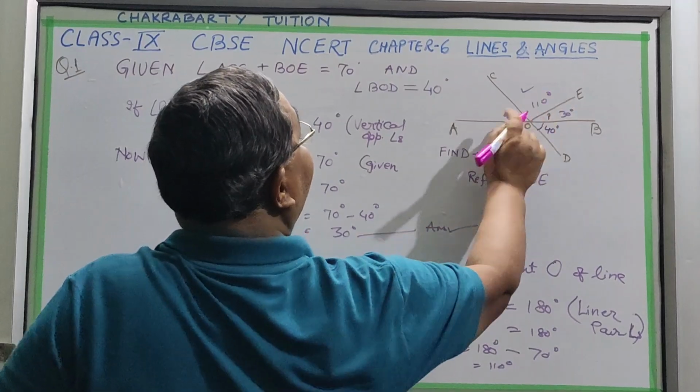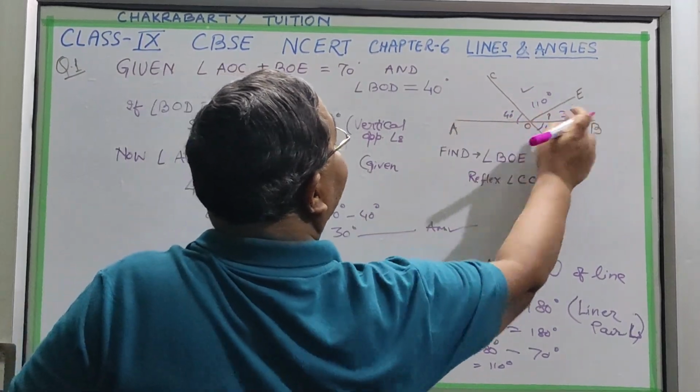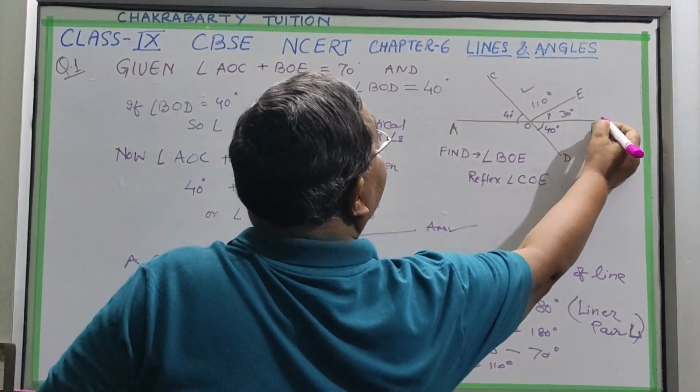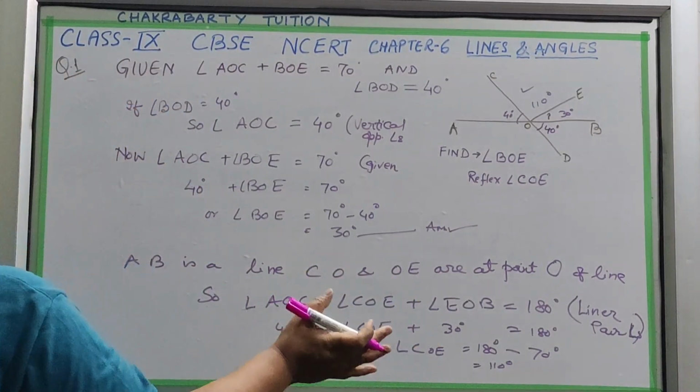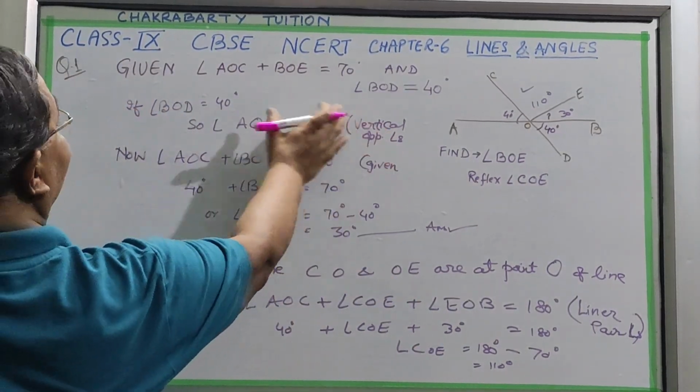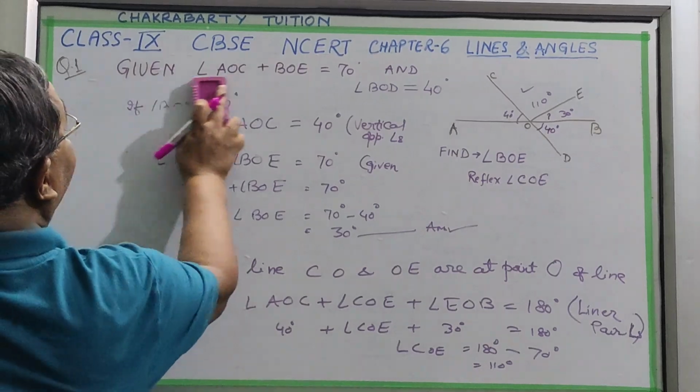This you have found out, and the total in a linear pair should be 180 degrees. Up to here it is clear. Now I am going further. I will just wipe off some portion.